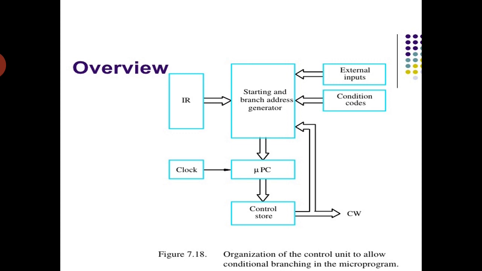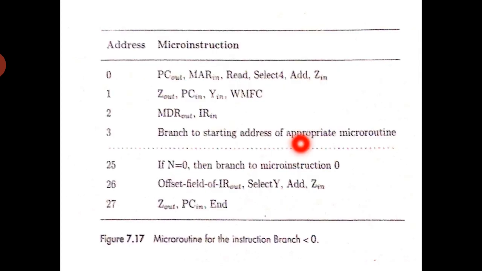If n is equal to 0 is satisfied, then we go to the 0th step. The branch is transferred to the 0th micro instruction, so from the 25th address we transfer to the 0th address.